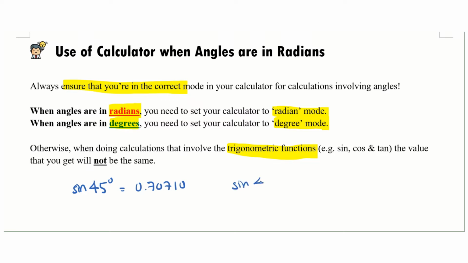However, if I put sine 45 in radian mode, I will realize that the answer is going to be 0.85090. I hope that you see that discrepancy over there. Do give it a try, and I hope that you realize the difference. It is going to be very dangerous if you don't change to the correct mode, because during the exam itself, you may end up losing most of the marks in the paper.